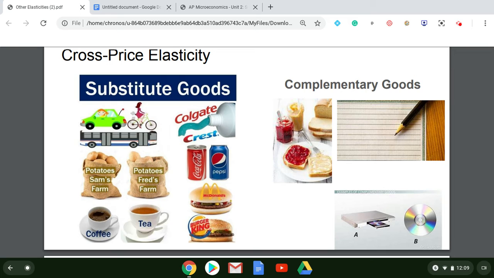Pencil and paper: it's hard to imagine purchasing paper without having some sort of writing utensil to consume with it. A DVD player with a DVD, those are really close complements because if you're going to purchase a DVD, you better have something to play the DVD with. So those are complement goods consumed together.